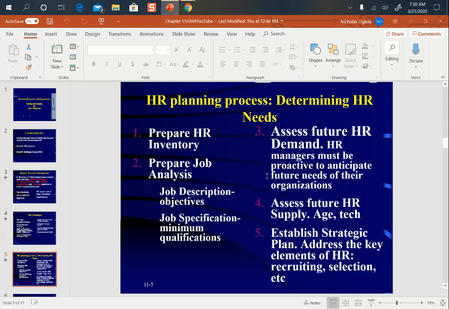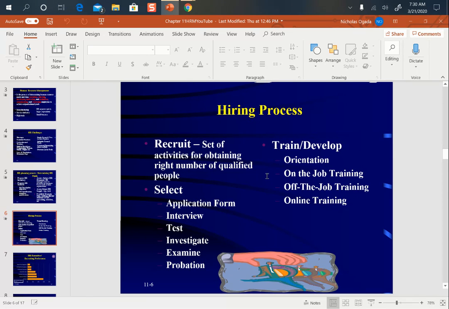But if you're going to move the current employees to the future positions, you might be required to have a plan to hire people to fill the current positions. Again, it could be that way. So my point is that the planning aspect is very key when it comes to human resources.